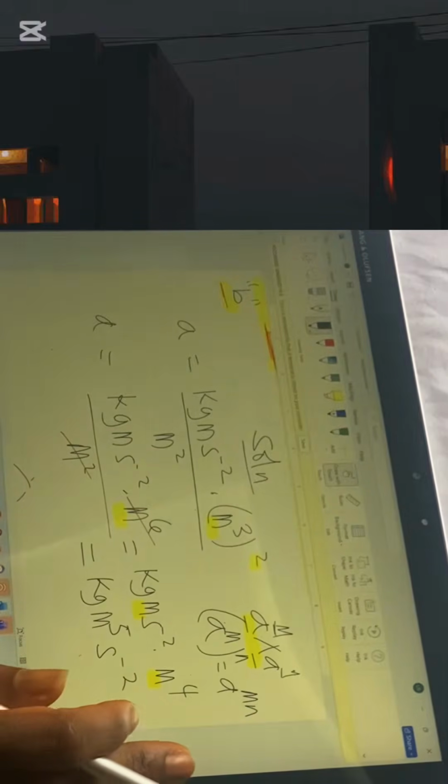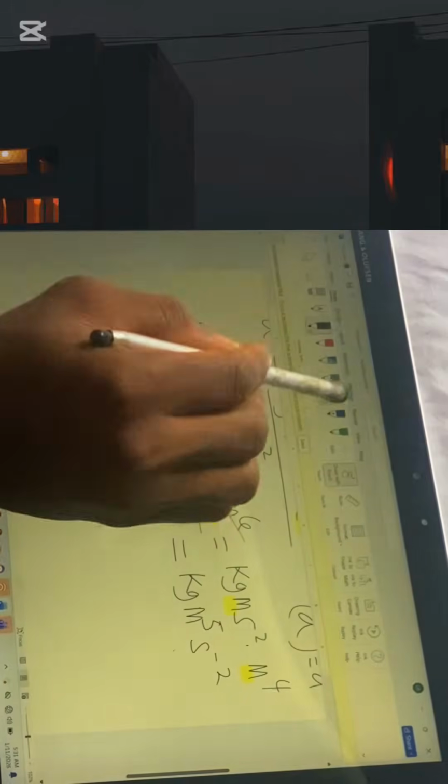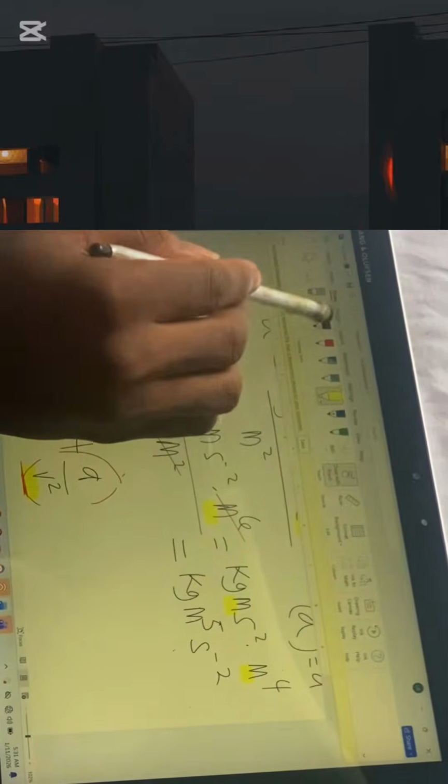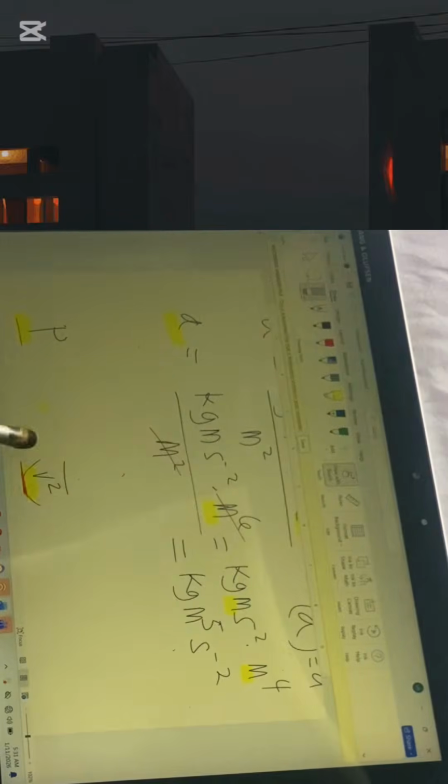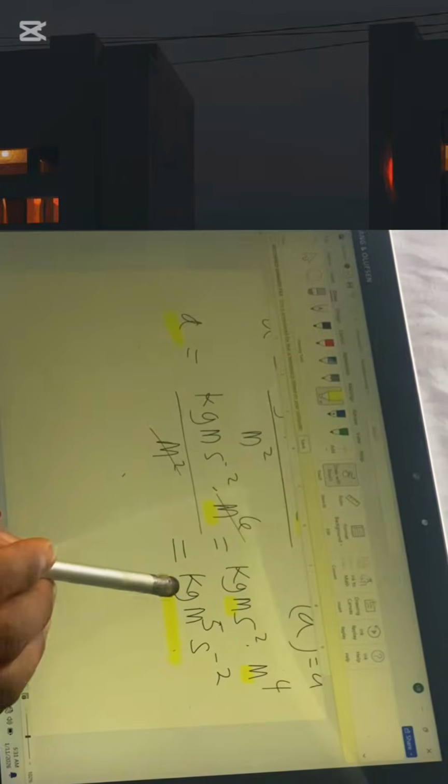Please take note. But remember, we are asked to convert this A here as dimension. But before we find any dimension, the first thing we have to do is to express it as unit. So we have expressed this A as unit.